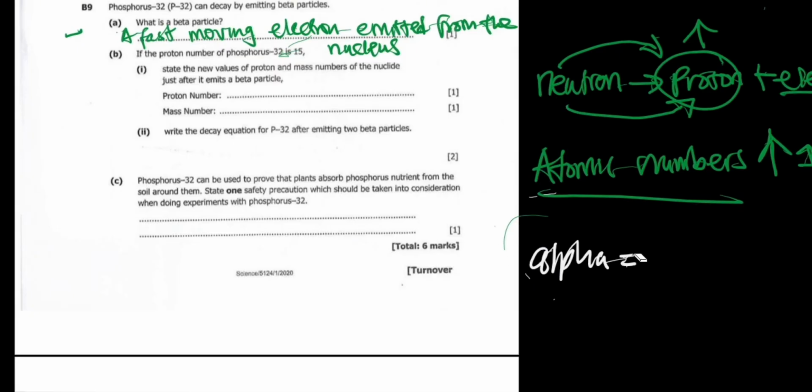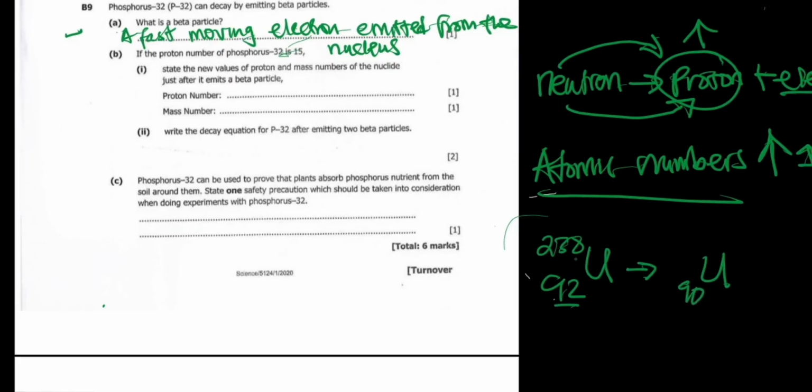So then when, let's say uranium, when uranium-238 releases 1 alpha, then since the alpha particle has got 2 protons, the atomic number is going to reduce by 2, so it's going to be 90.